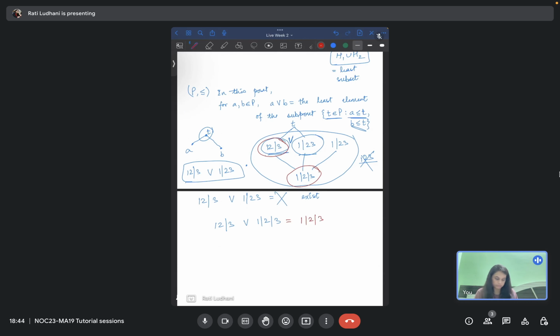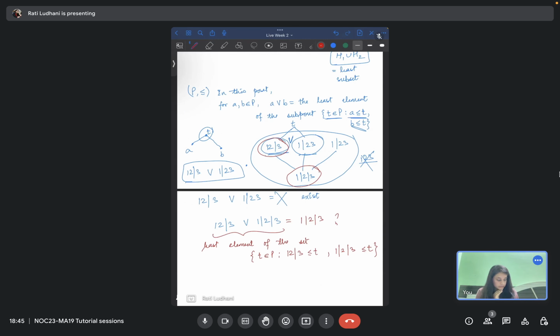Okay, so firstly let's check whether it is or not. What is this set? You are searching for the least element of the subset, or if you want to write a set, T belonging to P such that, now what is your A? A is 1, 2, 3, less than or equal to T, and 1, 2, 3 less than or equal to T, right?